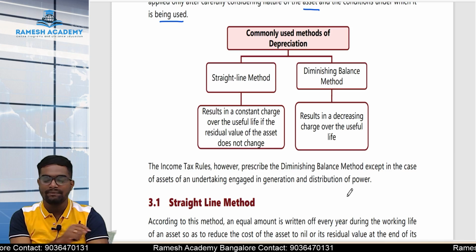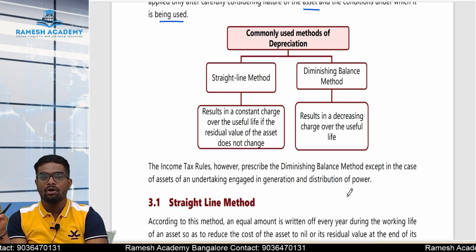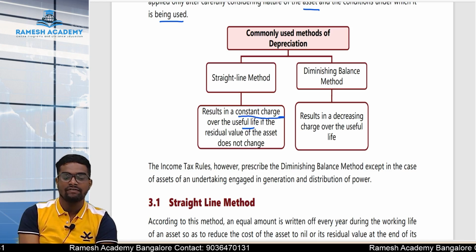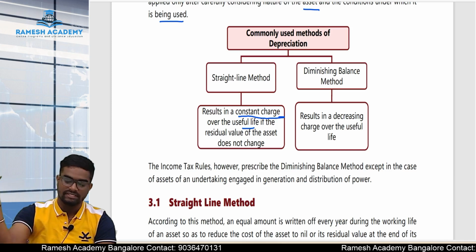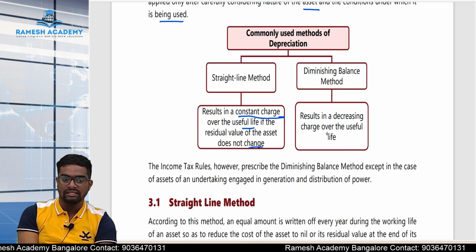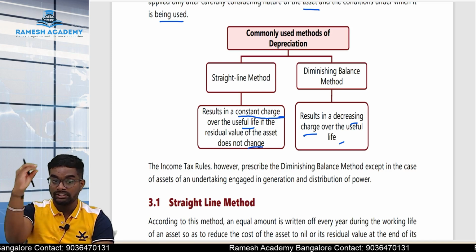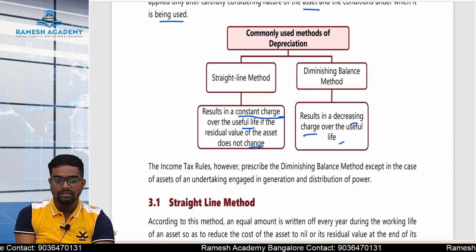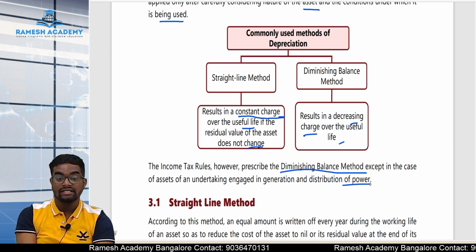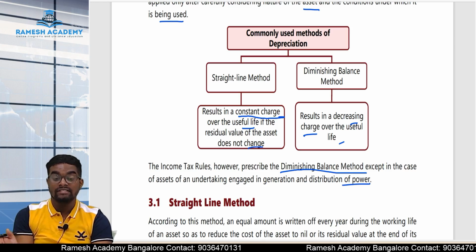But in case of the straight line method, the amount of depreciation will be the same over the life of years. So it results in a constant charge over the life of the asset, which means the amount of depreciation will be the same. If the residual value of the asset does not change, diminishing balance results in a decreasing charge over the useful life. The amount of depreciation will come down over the number of years. The income tax rules, however, prescribe the diminishing balance method except in case of an asset for an undertaking engaged in generation of power or generation and distribution of power.